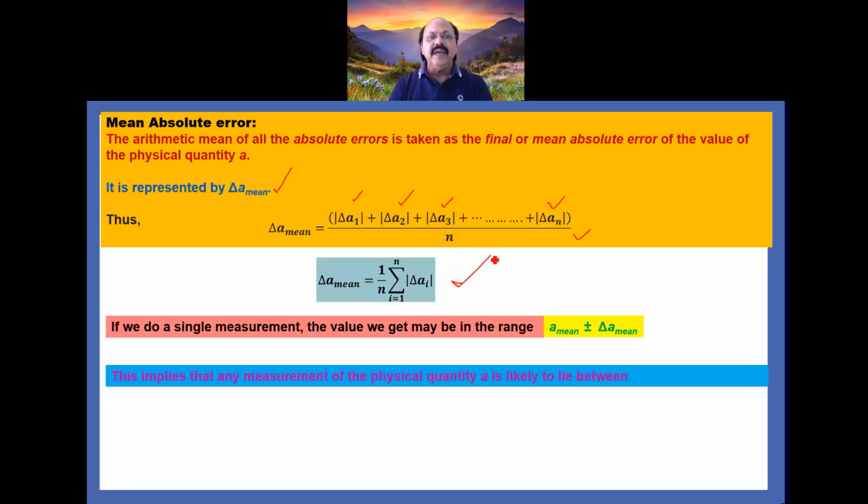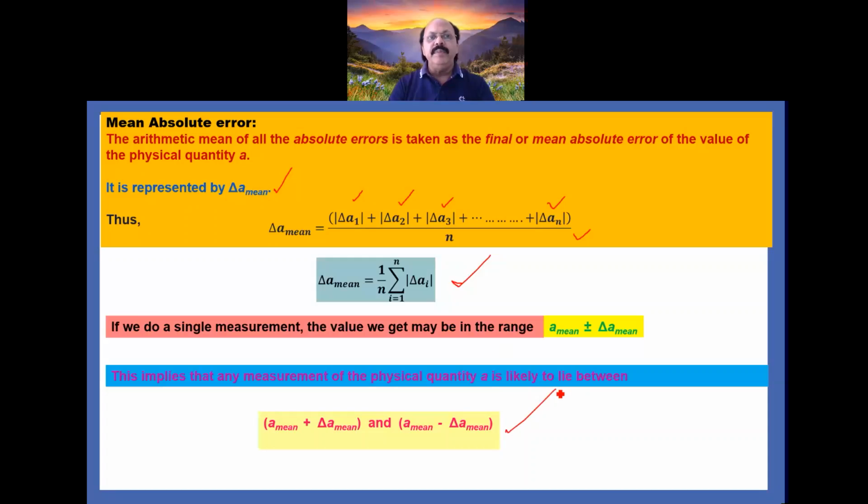It means that the measurement of the physical quantity A is likely to lie between A mean plus delta A mean and A mean minus delta A mean, which is written over here.